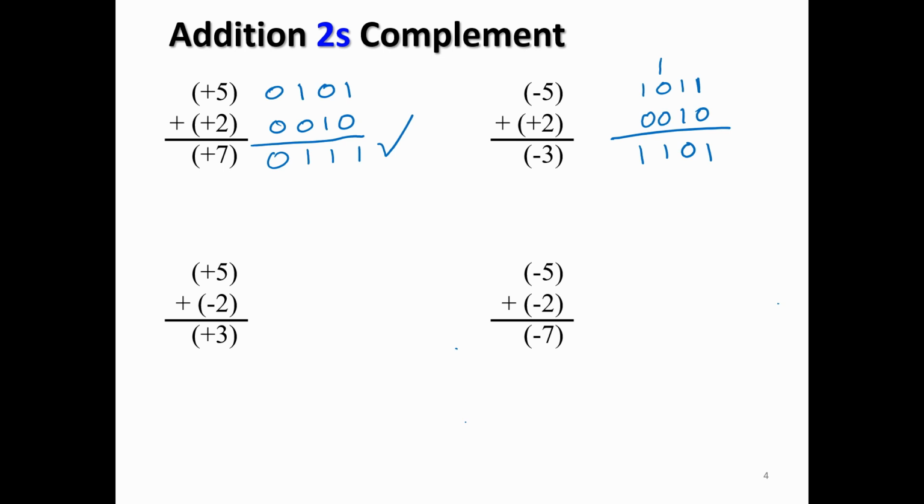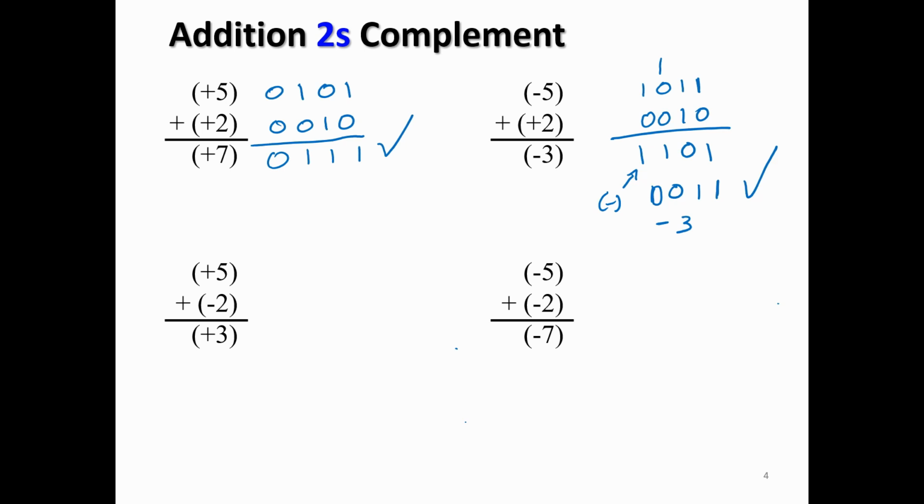In this case, we have to check if we end up with a negative 3. The first bit tells us that it's a negative number, and then we convert this two's complement binary number into decimal by going from right to left, copying up to the first one, and inverting the rest. 0011, that's a 3, so we have a negative 3. So in this case, it also works.